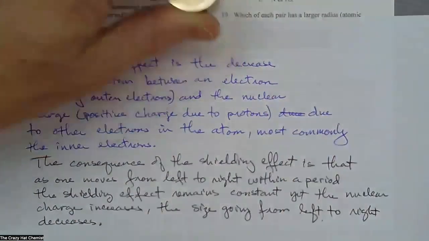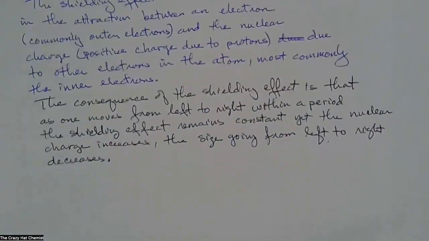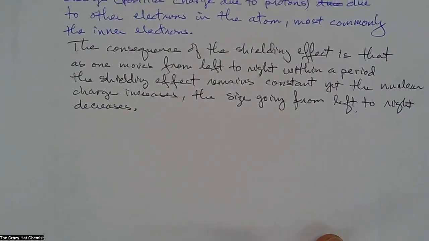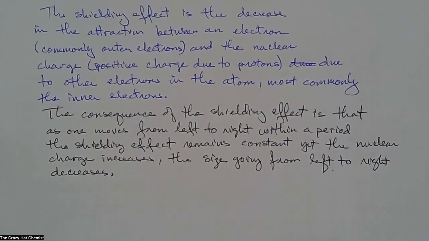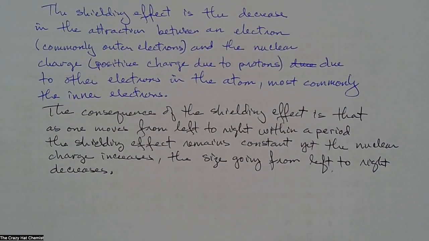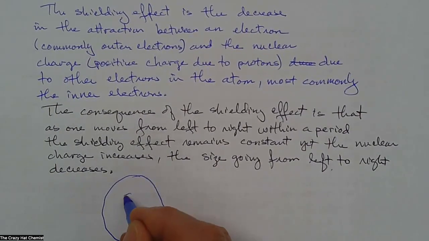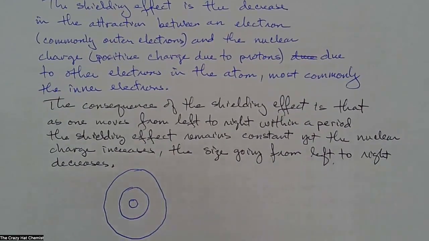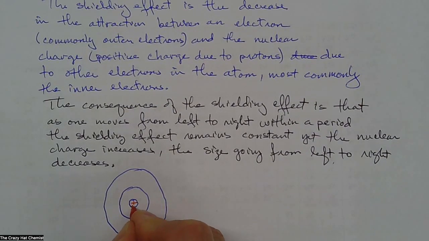So let me draw this out for you here. So this is still the shielding effect, and let's see if we can draw this out. We have the positive charge of the protons on the inside in the nucleus. And then we have these electrons in these shells.